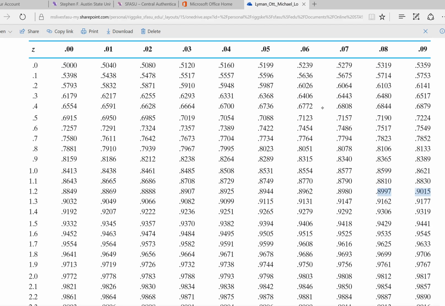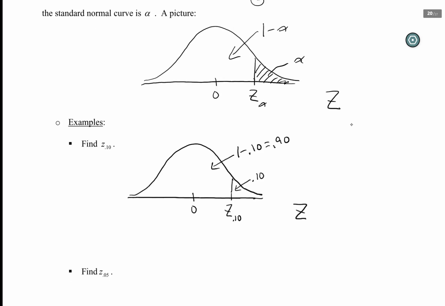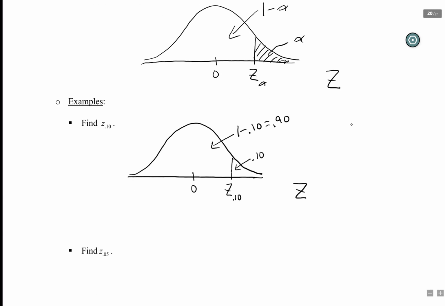I'm going to go with the 0.8997. That's closer to 0.90. The z-score that corresponds to that is 1.28. The way we think of 1.28 is it's the 90th percentile on this standard normal distribution.